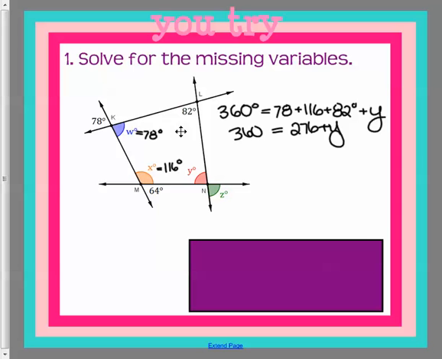So we're going to add up all the angles inside, 78, 116, 82, and Y, and set them equal to 360. When I add up my like terms, all of those integers, we get 276. When we take 276 away, Y equals 84 degrees. So we know Y equals 84 degrees.